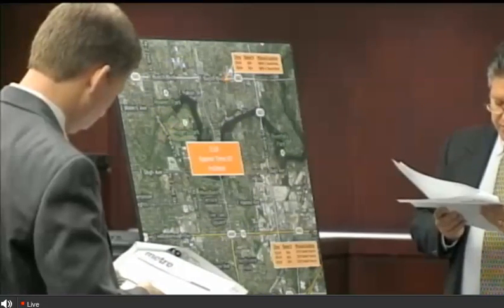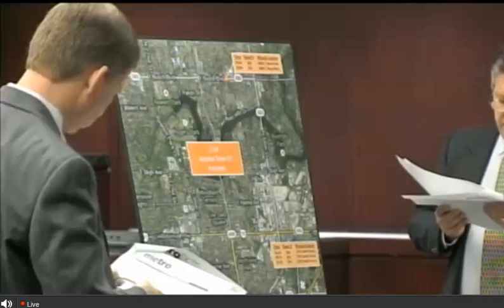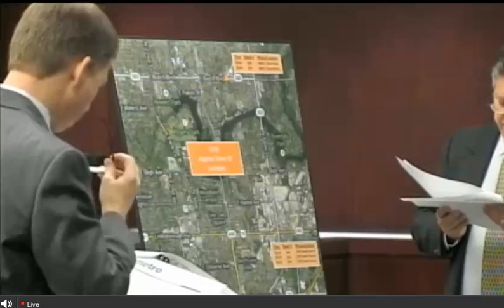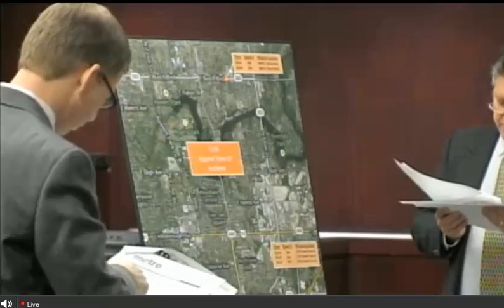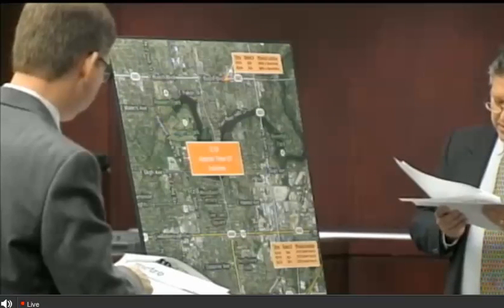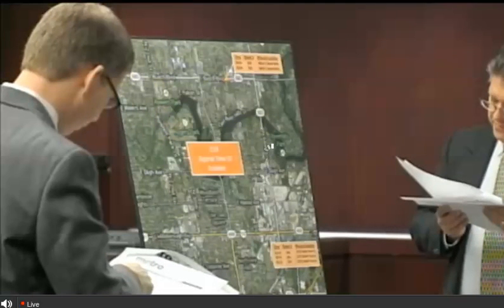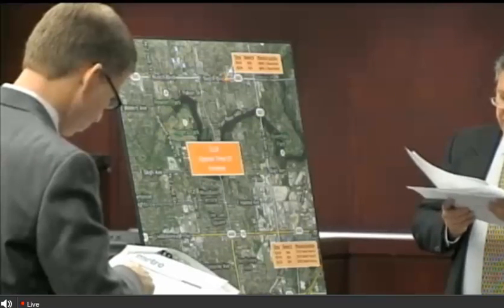And what number is being dialed? The number being dialed by the defendant's phone is 813-453-7397. Is that the phone number you were unable to determine who the subscriber was? That is correct. Is that call answered? Yes, it is indicating that it was answered.